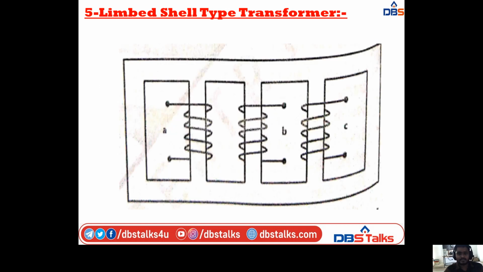This is the diagrammatic representation of the five-limbed shell-type transformer. Here we have the windings A, B, C, and all the windings are connected to one single core.